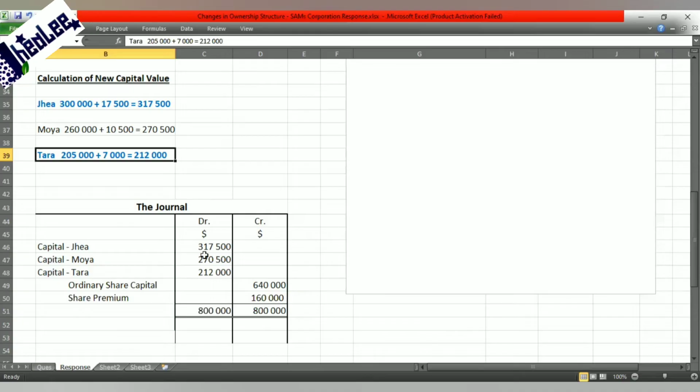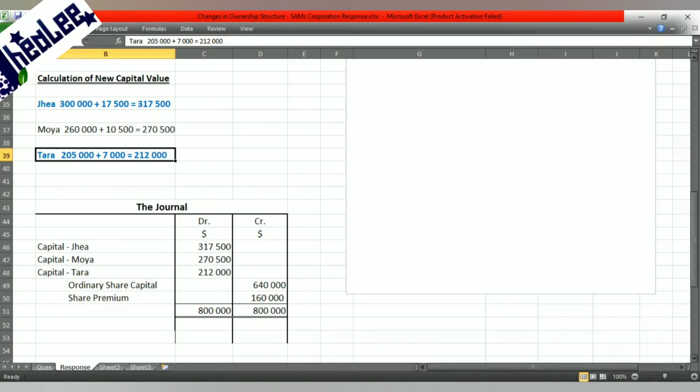This journal shows the partner's capital used to purchase the shares. If you remember, once your partner's capital is greater than the share capital, the excess goes to share premium. Now that we have that, we can then prepare the balance sheet of Sam's Limited.